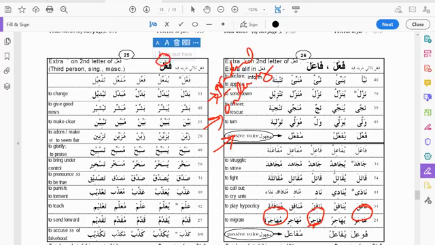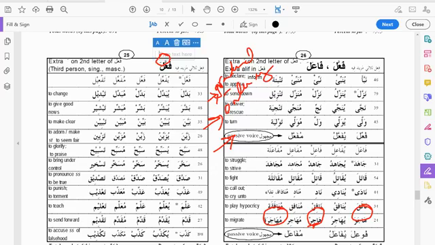Well, let's see, this one's getting easier now. Here we go. Fa''ala is the actual pattern for the root of it. Let's see how the future tense becomes yufa''ilu. Again, that pattern: baddala yubaddilu, bashshara yubashshiru, bayyana yubayyinu, zayyana yuzayyinu, sabbaha yusabbihu. You see the pattern? Sakhkhara yusakhkhiru, saddaqa yusaddiqu, 'adhdhaba yu'adhdhibu.